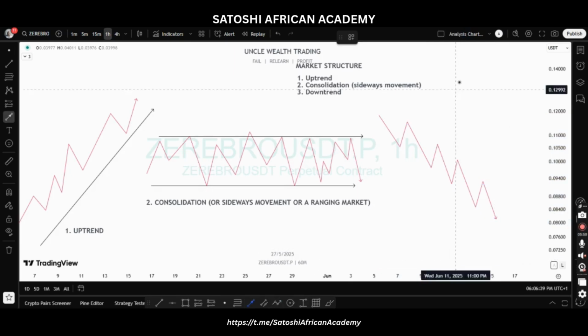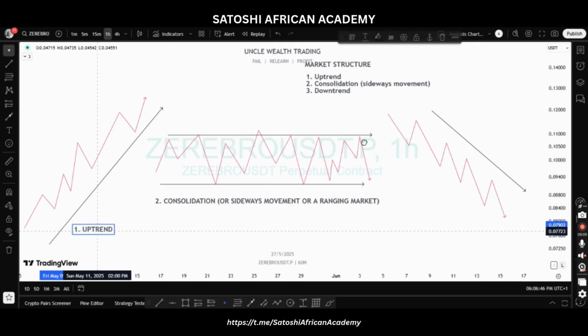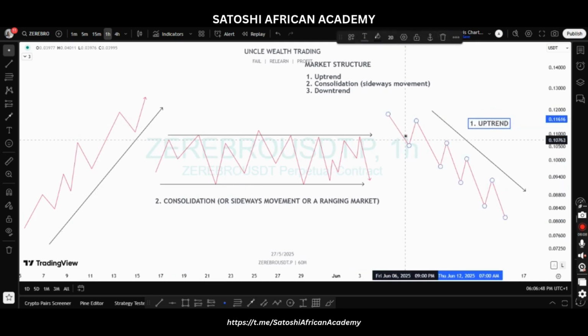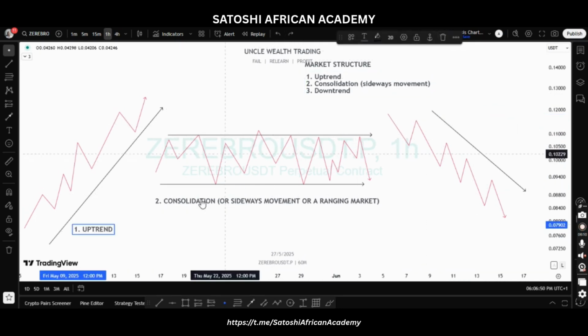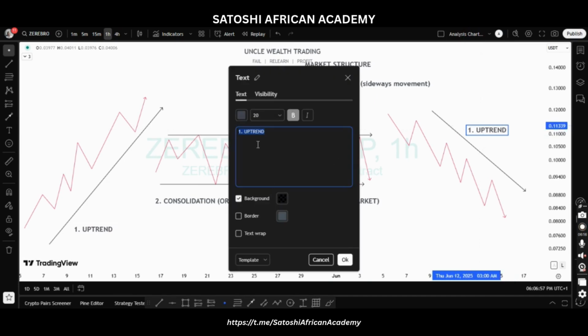Basically, the direction of a downtrend is downwards, and it is very easy to identify. It is opposite to the uptrend. So this is a downtrend.